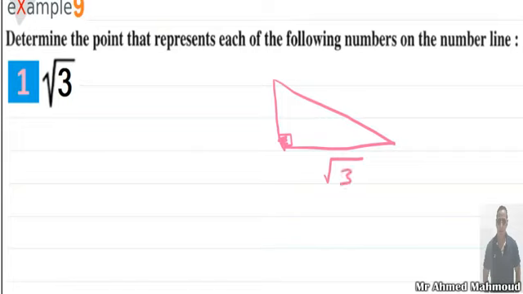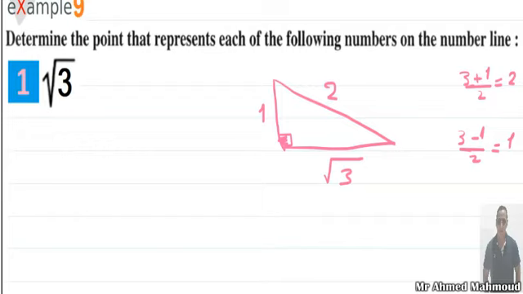The hypotenuse equals 3 plus 1 over 2, which equals 2. And this side equals 3 minus 1 over 2, which equals 1. This side equals 1.